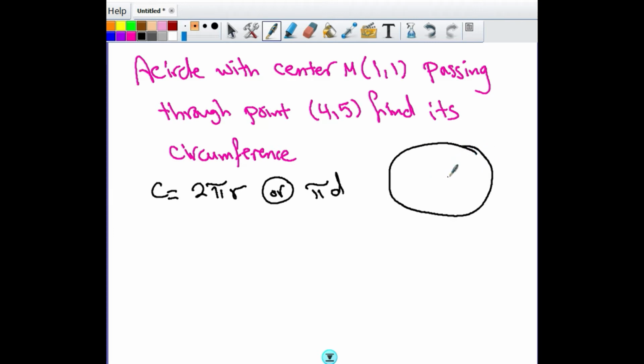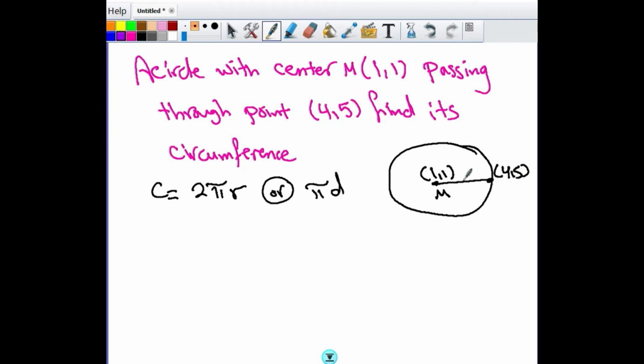We have a circle and the center M, right, M is 1 and 1, passing through another point equal 4 and 5. The length between the center and the point equals the radius.